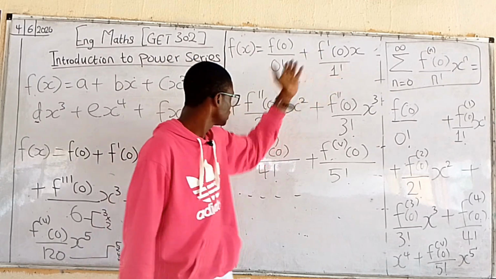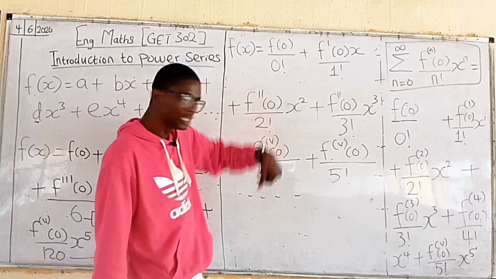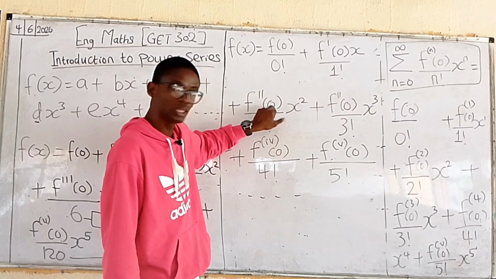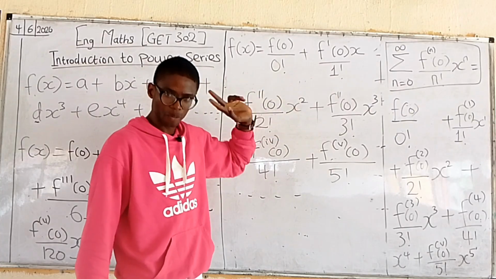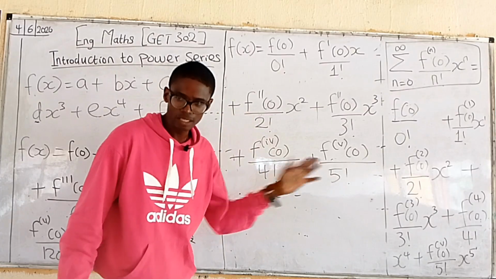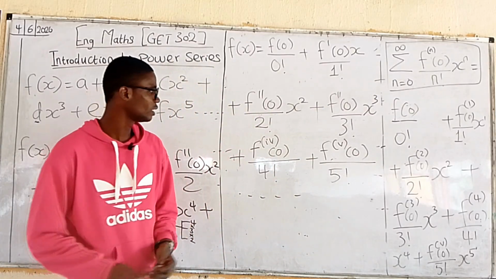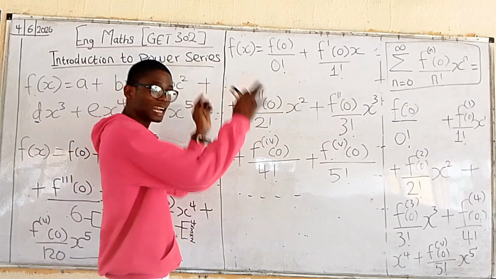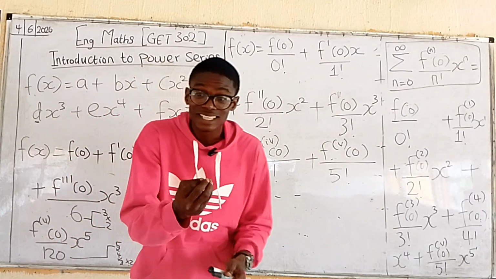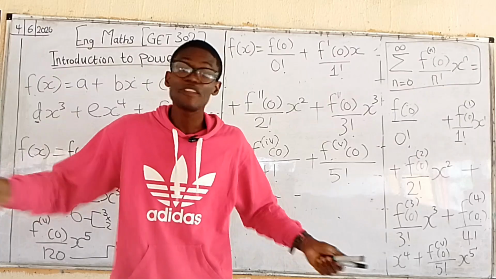So you just notice the pattern. The next one, you increase the derivative by 1, but the 0 still remains. x will increase its power by 1, and the factorial will increase by 1. It keeps going like that. So it's simple to memorize. This general form can be used to obtain the power series for any function you think of.